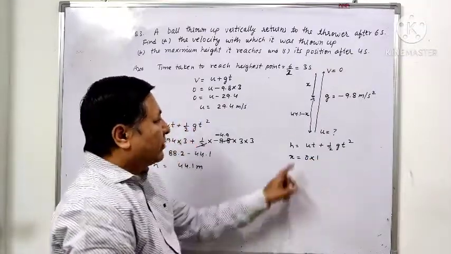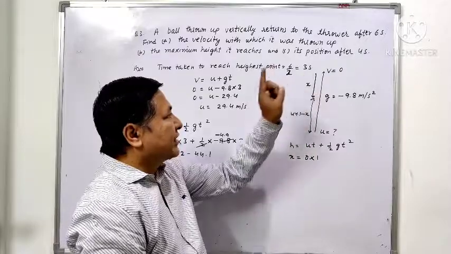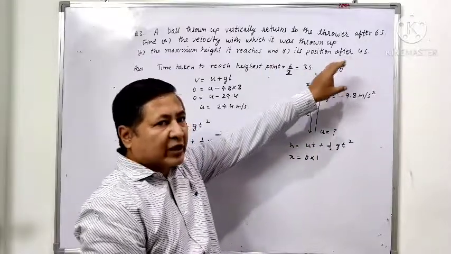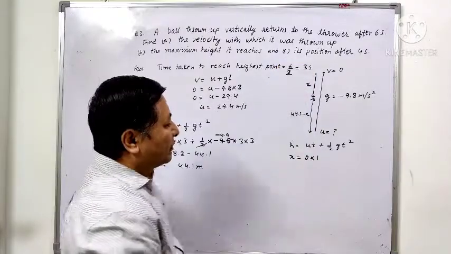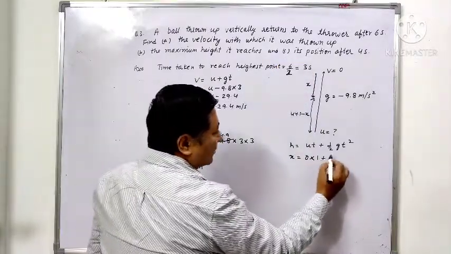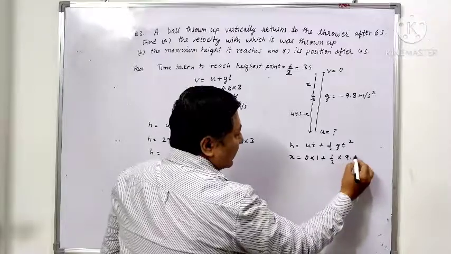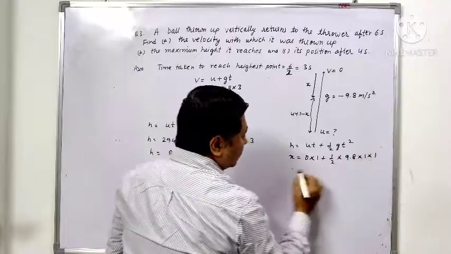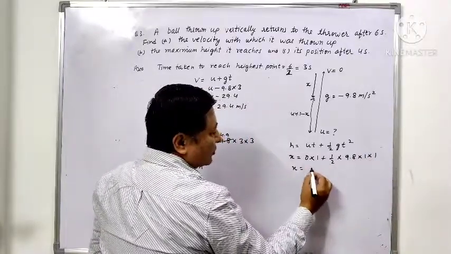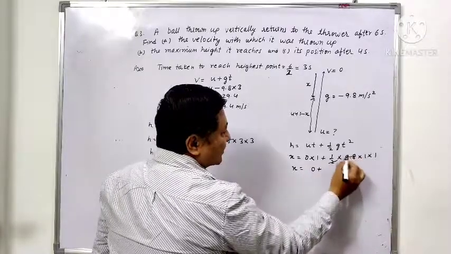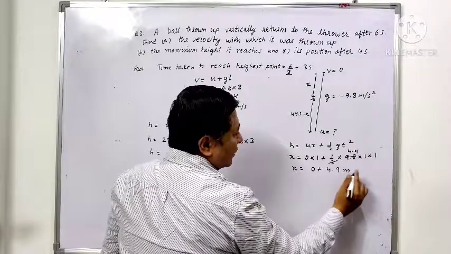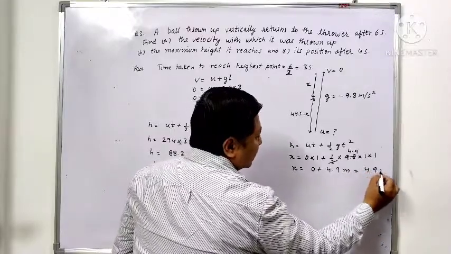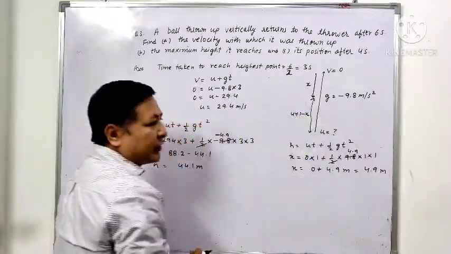Why have we taken 1? Because 3 seconds it will take to reach the highest point, and we have to calculate after 4 seconds. So 3 seconds to reach the highest point, and 1 second it will fall. So that is 1. So half into 9.8 into 1 into 1. So x will be equal to 0 plus 4.9, that is 4.9 meter. So the total distance traveled from the top is 4.9 meter.